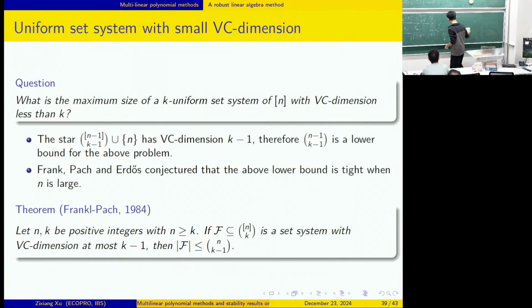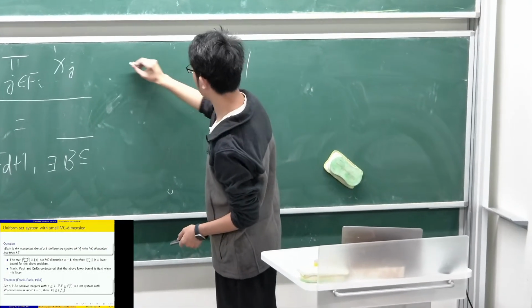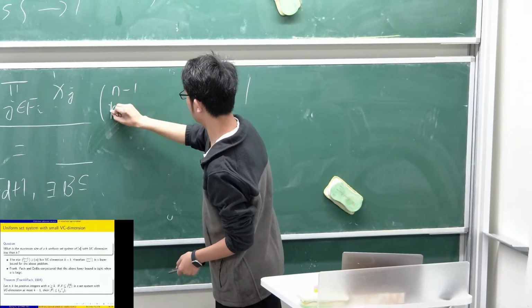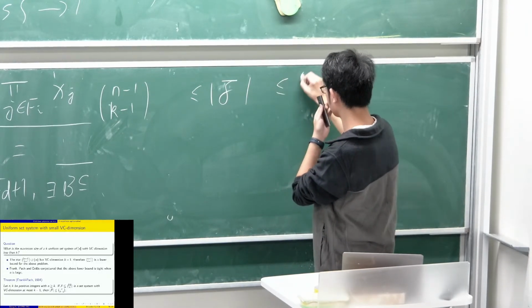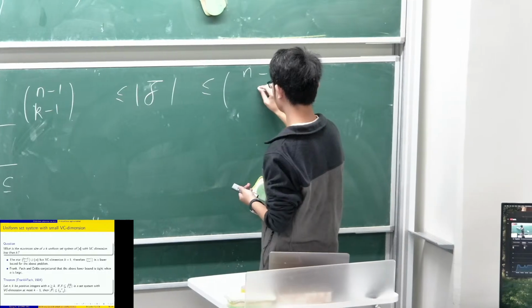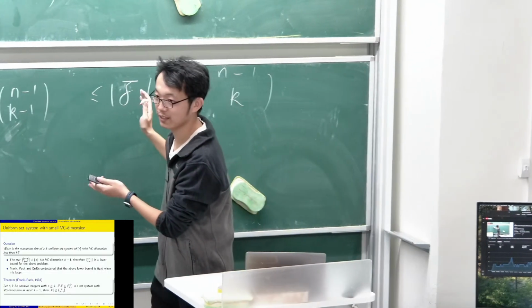Let me list here. The lower bound is n minus 1 choose k minus 1, and the upper bound is n minus 1 choose k. So both sides are very clean.